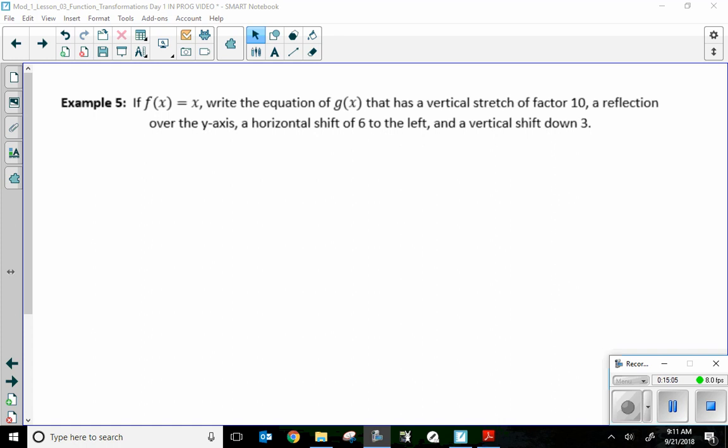Example 5, and I like these types of problems because I don't have to graph it. I just got to show my knowledge of what numbers tell me what movements. That's it, all right?